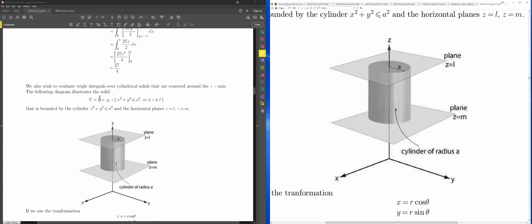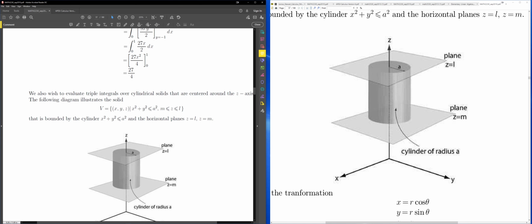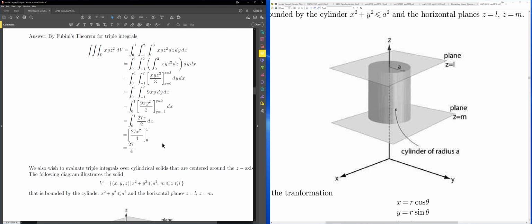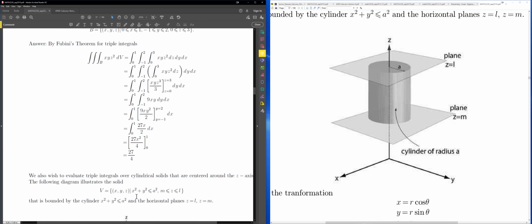Alright, so the next type of solid that we want to integrate over is a cylindrical solid, and this is how we're going to describe a cylindrical solid in set notation. The easiest part over here is that z lies between m and l. So you consider endpoints: z is equal to l and z is equal to m.